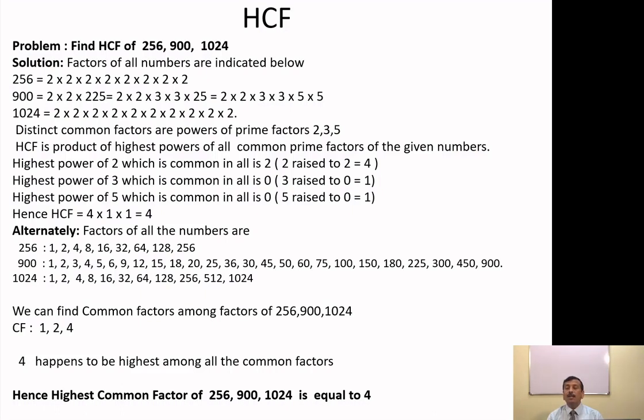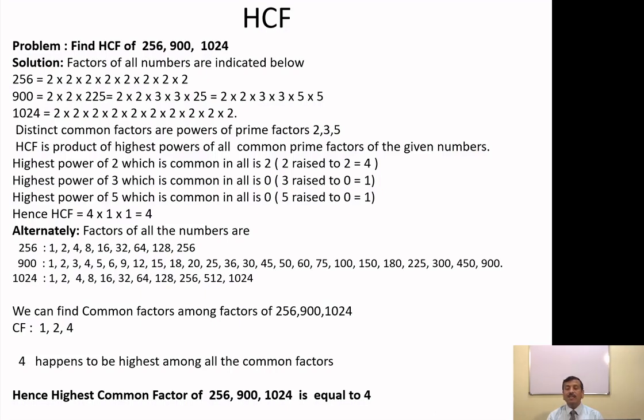Among these, 3 to the power 0 is the highest but common. Similarly, the highest power of 5 which is common in all numbers is 0, and therefore we get HCF as 2 to the power 2, that is 4, into 3 to the power 0, that is 1, into 5 to the power 0, that is 1. So 4 into 1 into 1 is equal to 4.